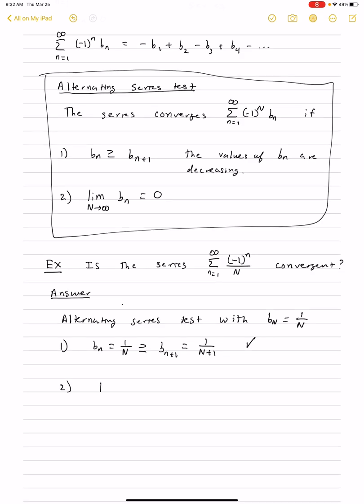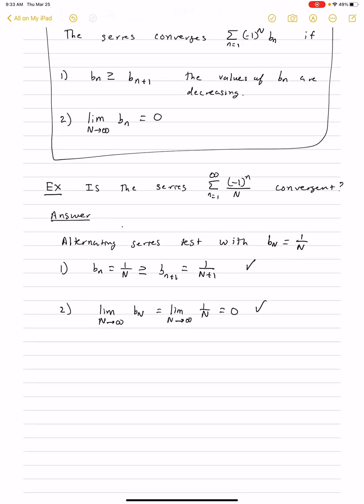The second one says that this limit as n goes to infinity of b sub n, well, that's just this limit as n goes to infinity of 1 over n, that's equal to 0. So those two things are true, and that means the series is convergent. And we just need to check these two things. But these two things only apply for alternating series.